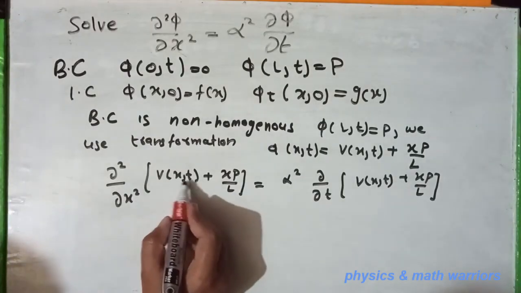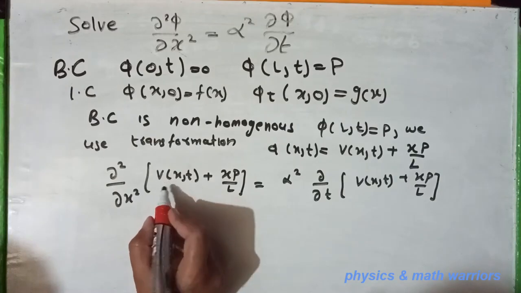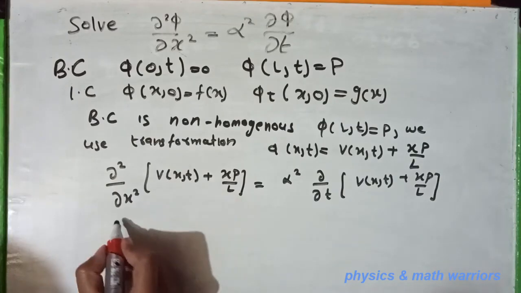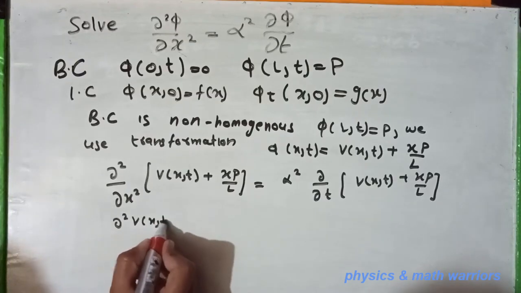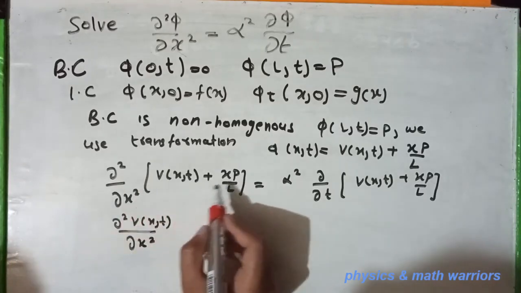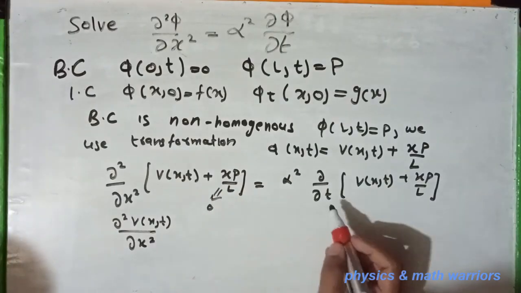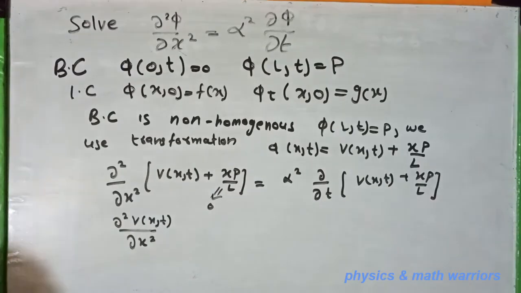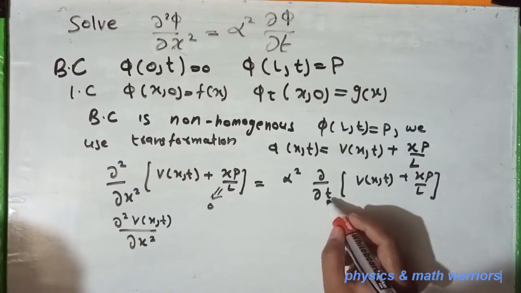Since v(x,t) depends on x, the partial derivative of v with respect to x exists. So this becomes ∂²v/∂x², and the second derivative of this term is equal to 0. v(x,t) depends on t, so the partial derivative of v with respect to t exists.